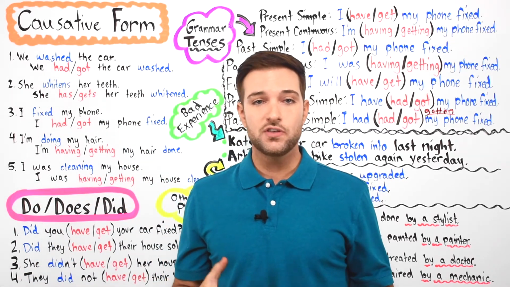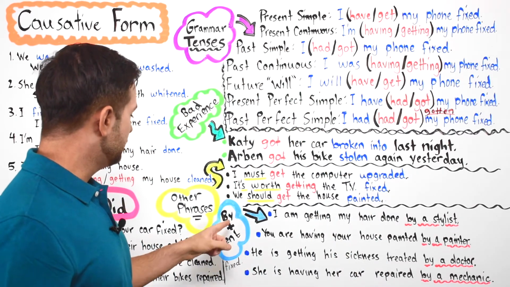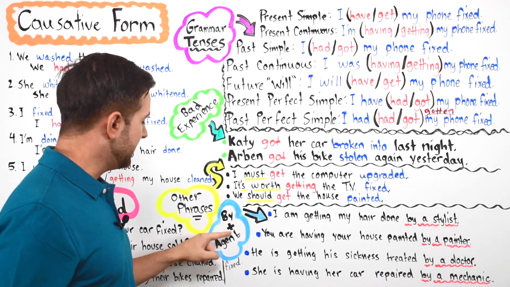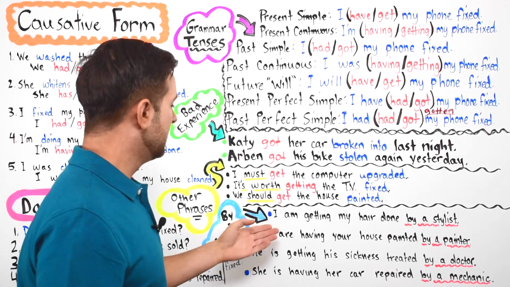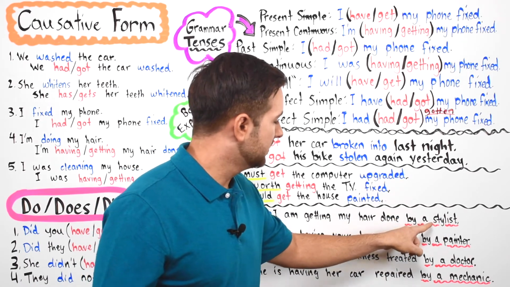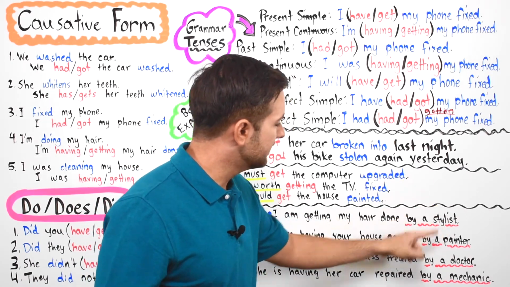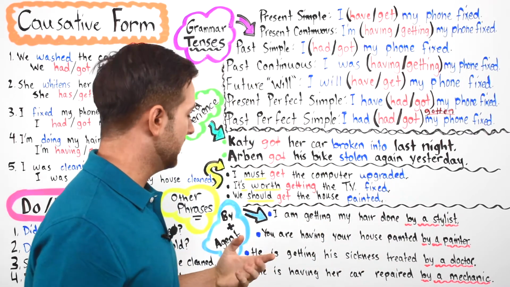And finally, guys, if you want to say who performs the action, we could do this by using the word by plus an agent. An agent is the person who performs the action. Okay, for example, I'm getting my hair done by a stylist. By plus the agent. The agent is a stylist. A stylist is somebody who cuts the hair or dyes the hair.